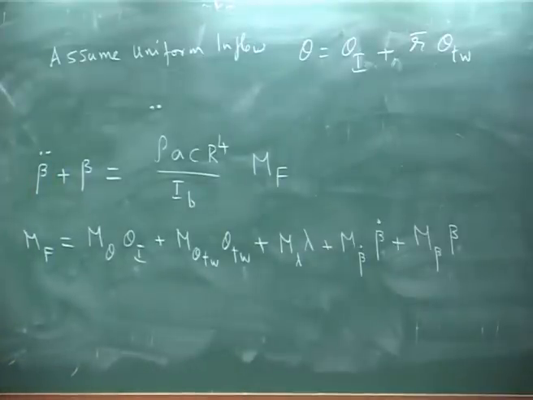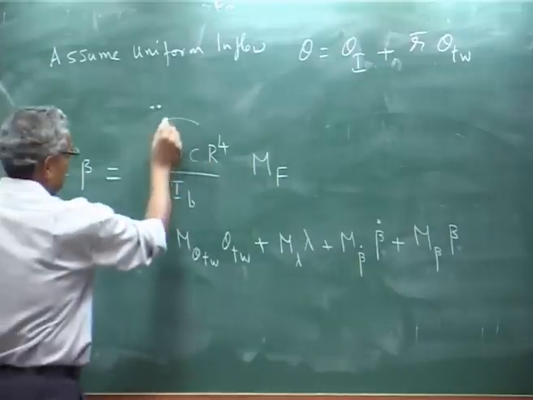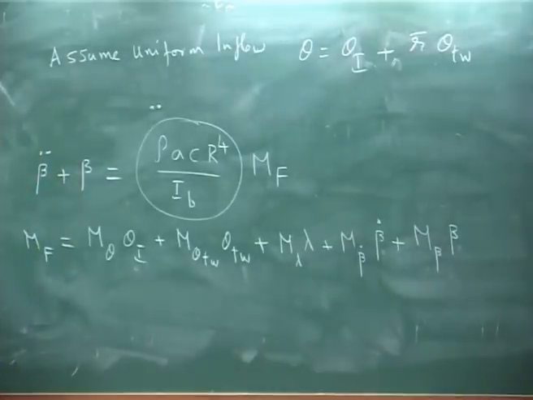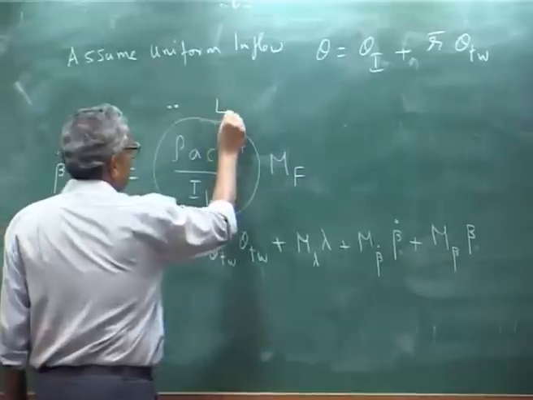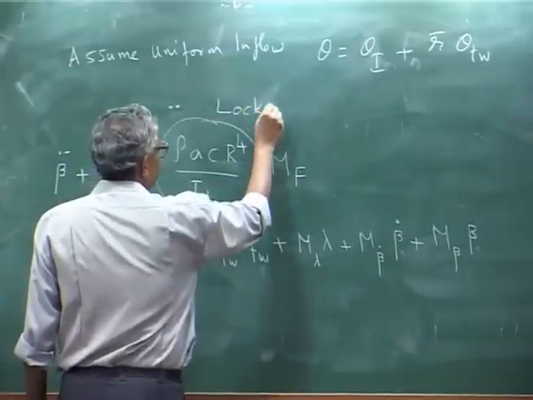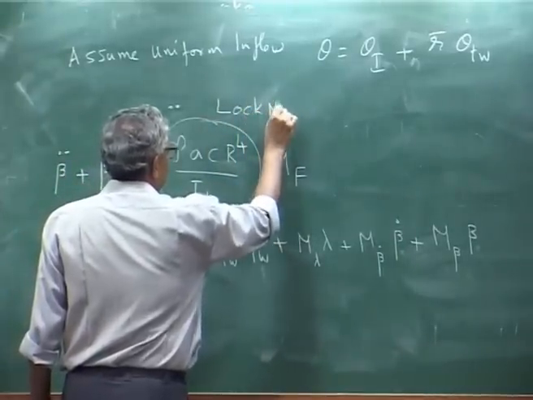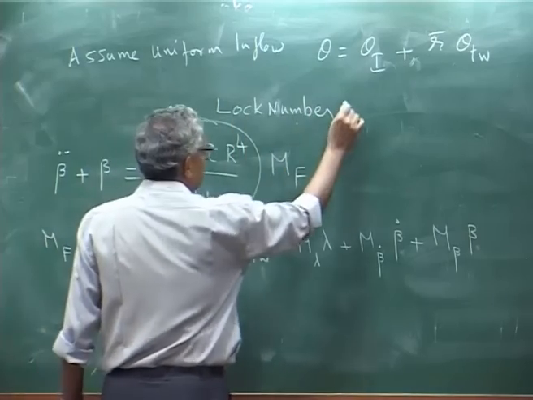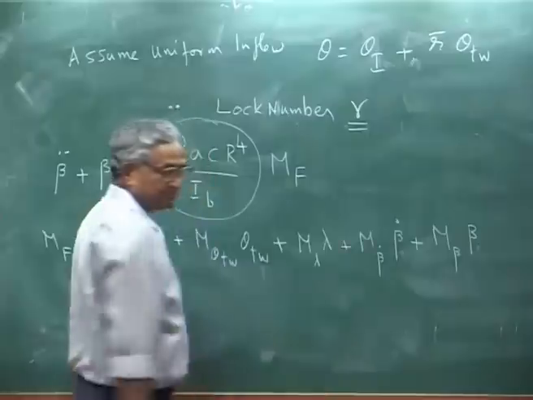Now each one of the terms I am just writing, and that completes my flap equation. I am going to call this non-dimensional number the Lock number, and the symbol is gamma.